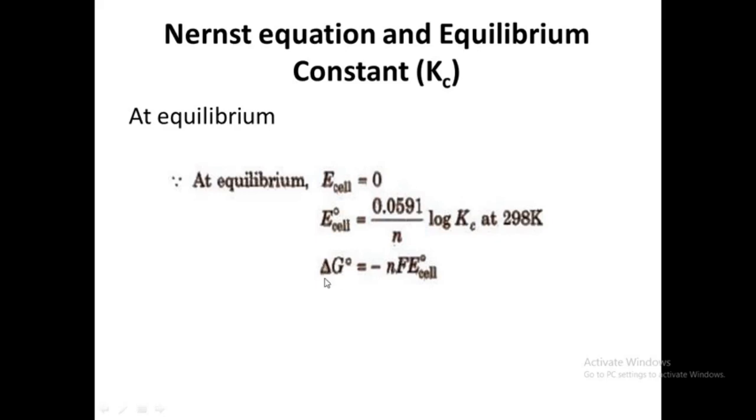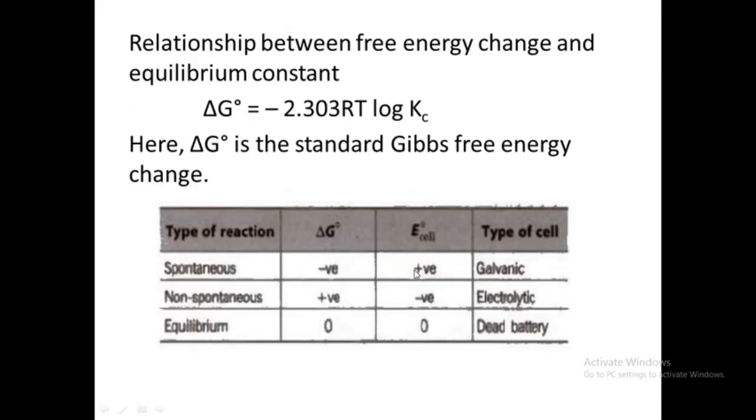This equation is useful to calculate the delta G naught, or free energy, or the maximum work that can be obtained from the cell. So let us put the value of E naught cell from the above equation in this equation, and after putting this value we will get delta G naught equals minus 2.303 RT log Kc.